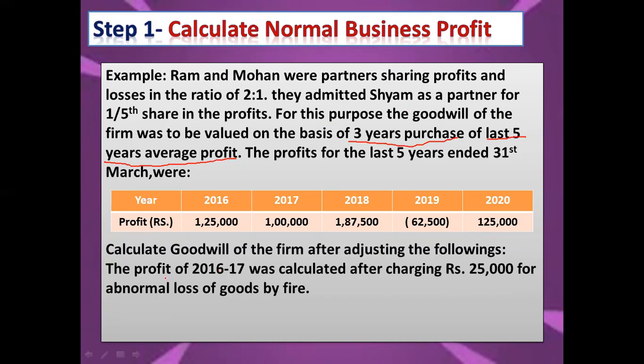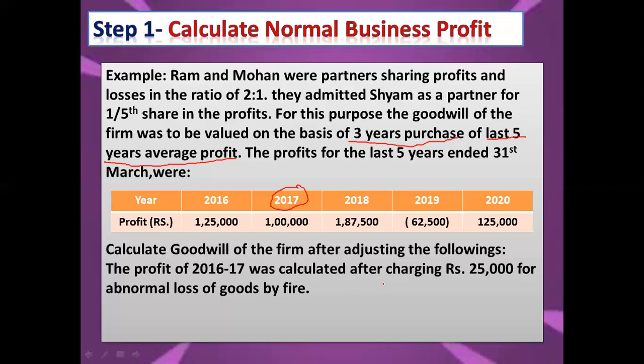Now what is adjustment is there? The profit of 2016-17. So which one is 16-17? This or this? Definitely this. Why? Because it is 16-17, year which is ended on 17. So this is the profit.